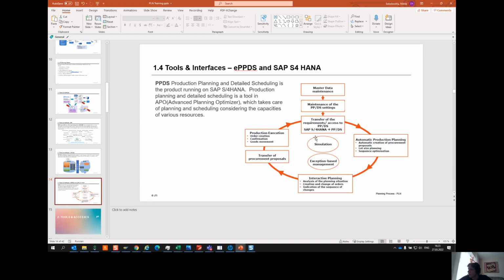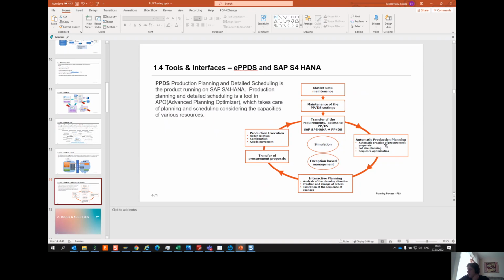And then there is this cycle process where we have some requirements coming from IBP and master data coming from SAP P40. And then we can start the production planning process.